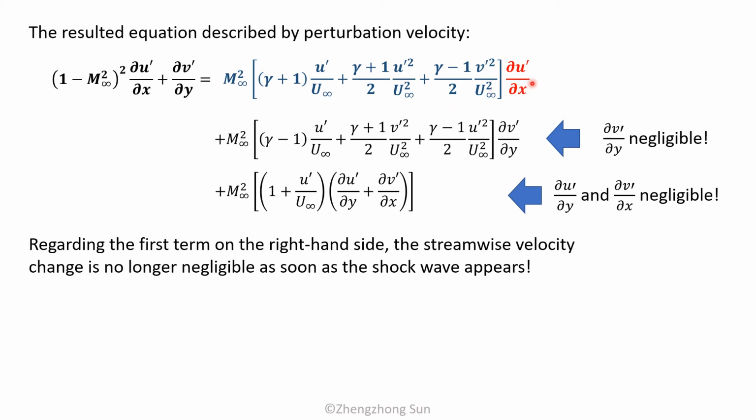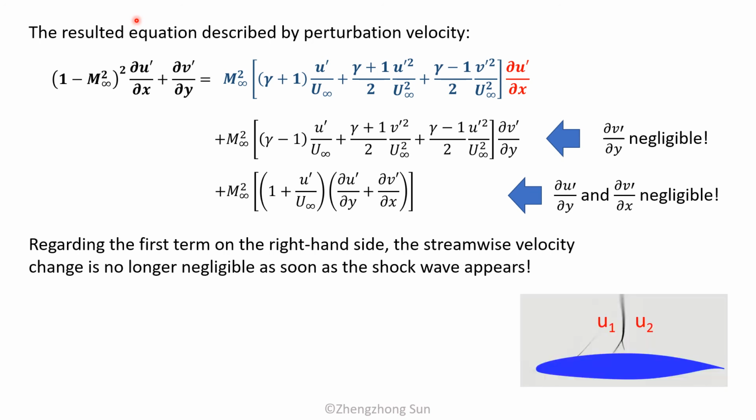But if we look at the right-hand side, partial u prime, partial x suggests a streamwise velocity variation or streamwise velocity change. So can we automatically say this one, partial u prime, partial x, is negligible? The answer is no, we can't. Why? It is okay for subsonic flow or supersonic flow, but this is not true for the transonic flow. In transonic flow, a normal shockwave is established over an aerofoil, and the flow is from left to right.